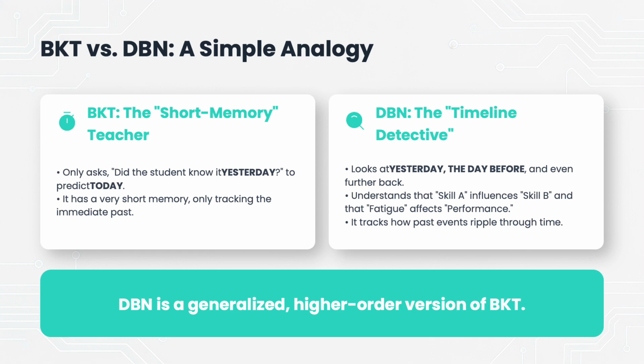This detective doesn't just look at yesterday's clues. They have a complete timeline of the case, and they understand the complex web of relationships between different pieces of evidence. DBN is this detective. It's a more powerful, generalized version of BKT that can remember the past and model complex interactions.